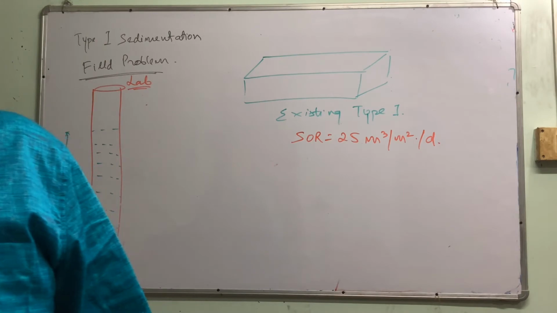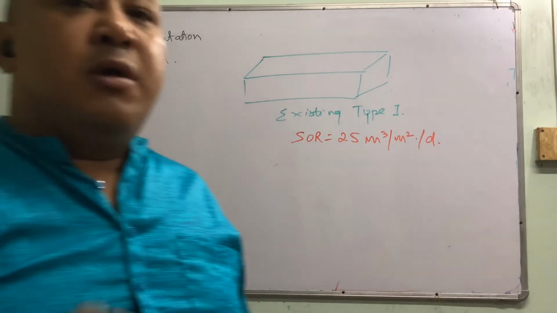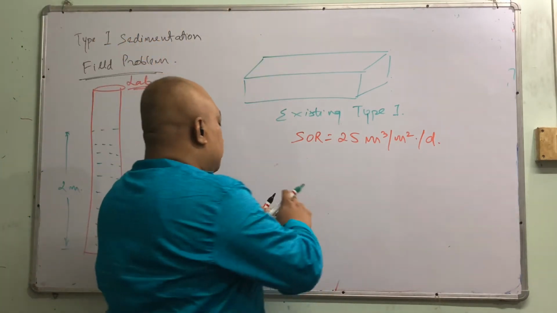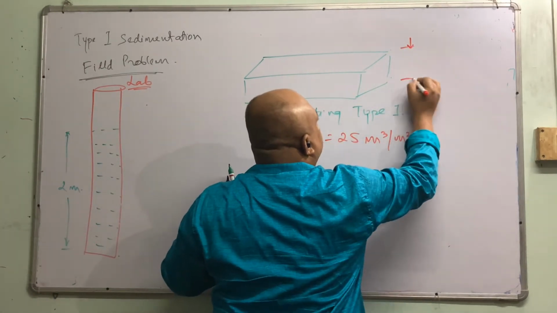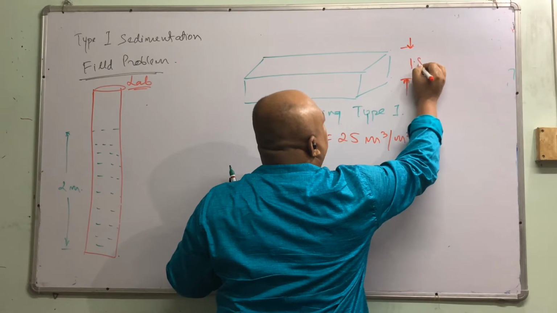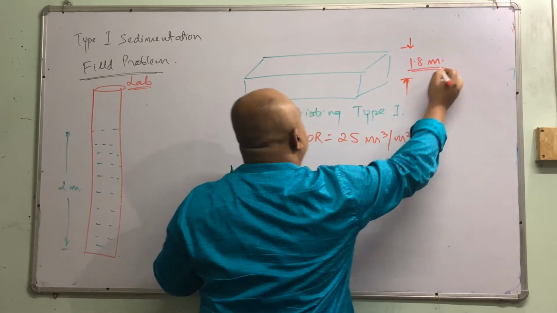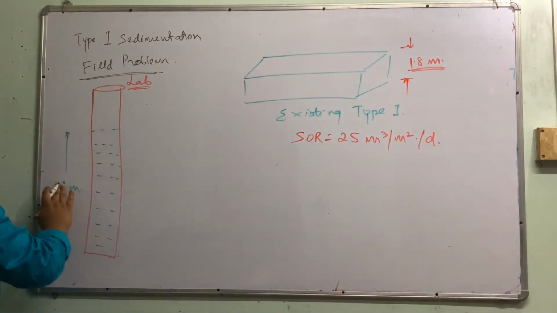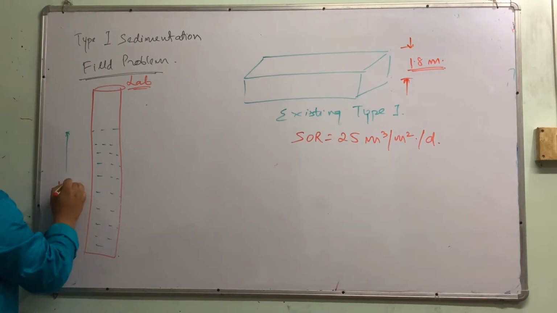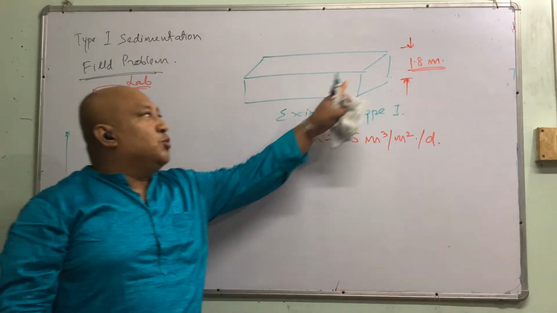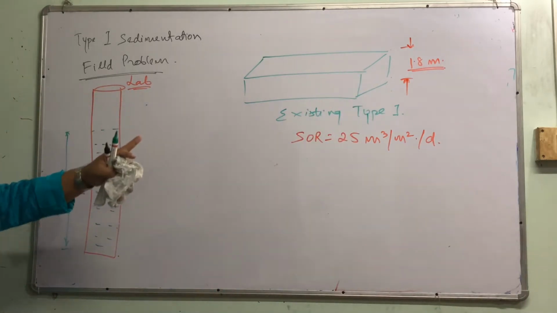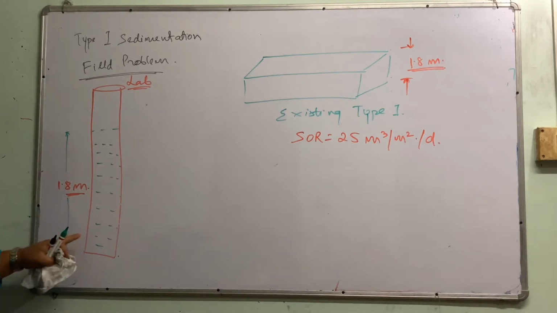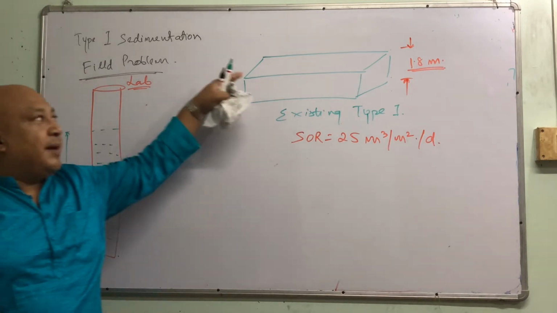You should take the exact depth of the existing plant. So you check what the depth is. This depth happens to be 1.8 meter, already existing. So we'll make it 1.8 meter. If the existing plant is 2 meter, you have to test it for 2 meter. Now it is 1.8 meter, so we test it for 1.8 meter. So the settling characteristic for that will be the same.